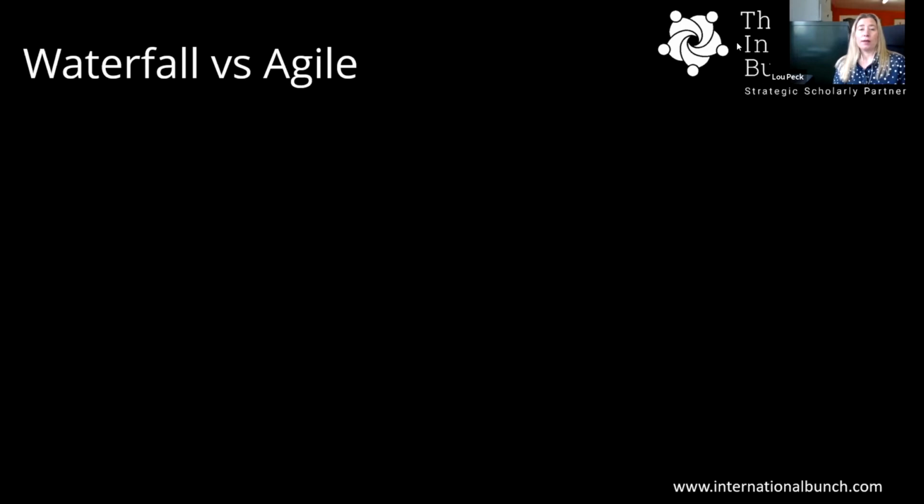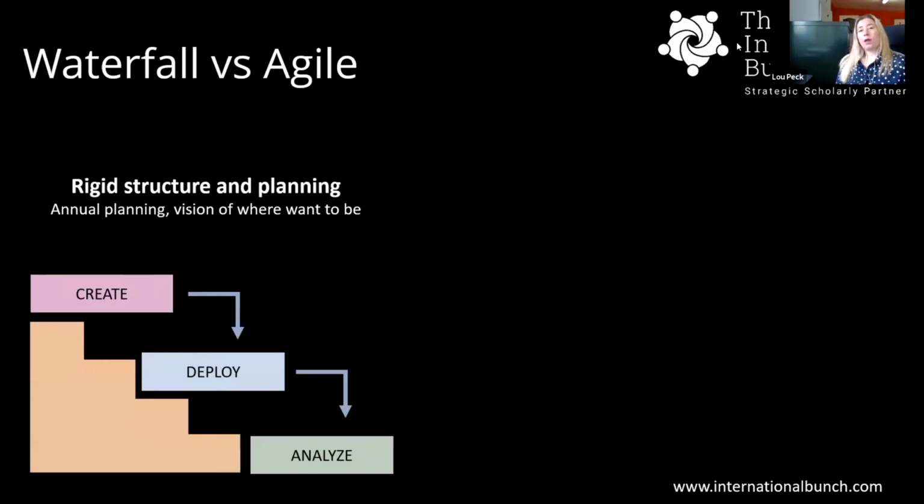So I want to talk here about waterfall versus agile. If you imagine, we've been working in a very traditional way of marketing for many years, with a very rigid structure and planning. For example, through the years, I've had to start planning 3 months before the new financial year, and ensure that our plans are ready to go.